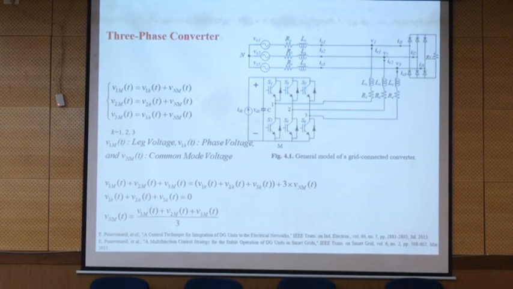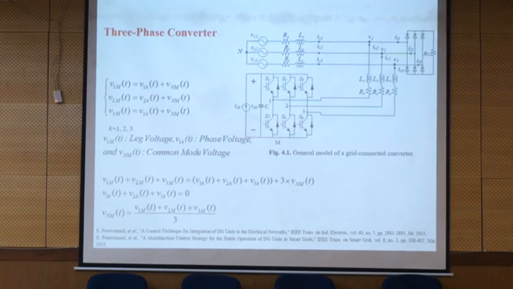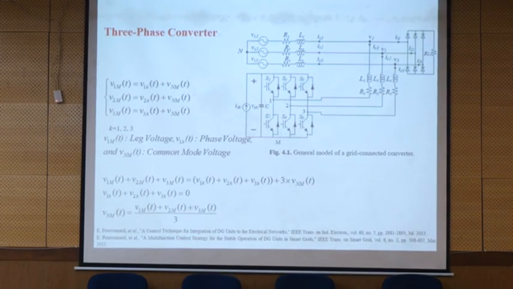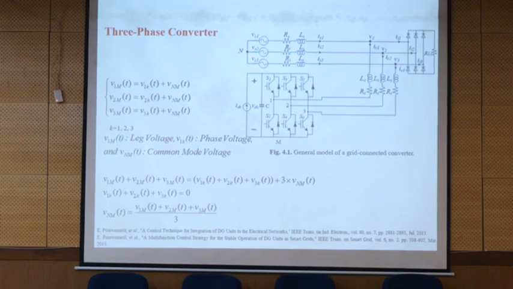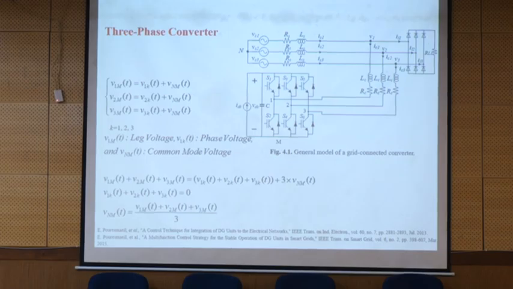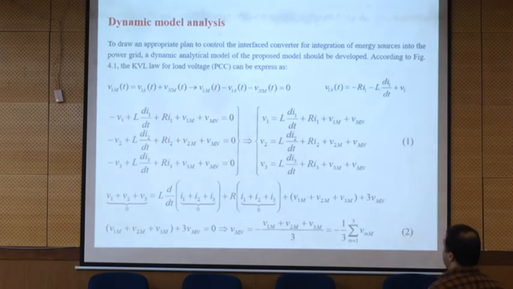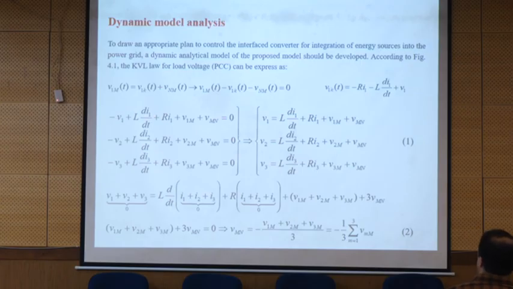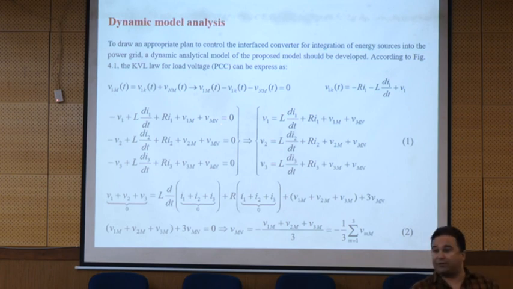Minus V1 plus L dI/dt plus Ri plus V1m plus Vmn is equal to 0. I hope it is correct. Thank God it is correct.